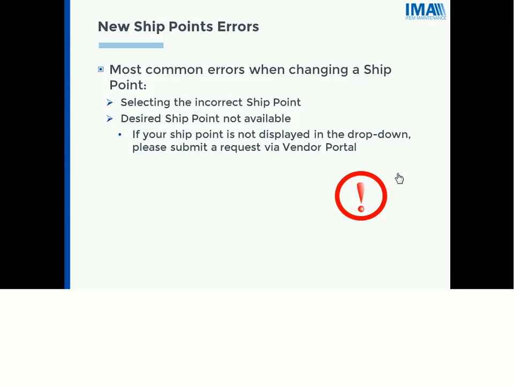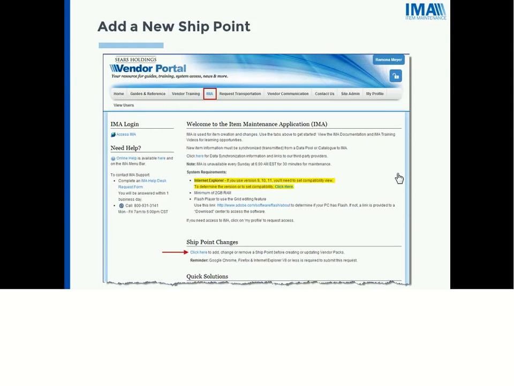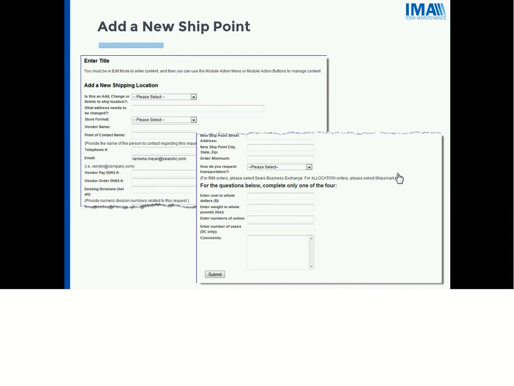Another common error is that the desired ship point is not available. If your ship point is not displayed in the drop-down menu, you would have to submit a request through the vendor portal. To do that, you would click IMA from the menu, basically the IMA homepage, and then further down the page, you'll see the section titled Ship Point Changes. Underneath that, there's a link that you can click, and that'll take you to a form.